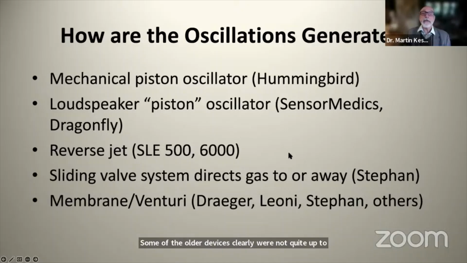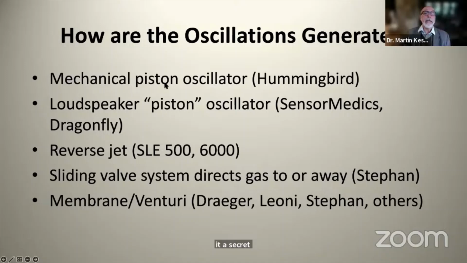How the oscillations are generated is quite variable, and some companies try to keep it a secret. Some are mechanical piston oscillators. The Hummingbird was the prototype of that, and they still use a mechanical piston, which pretty much limits them to a 1-to-1 inspiratory-expiratory ratio, and that turns out may not be optimal.